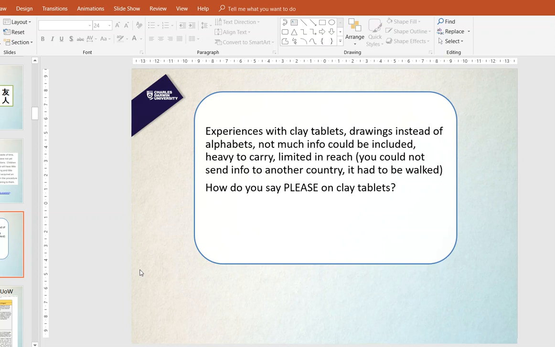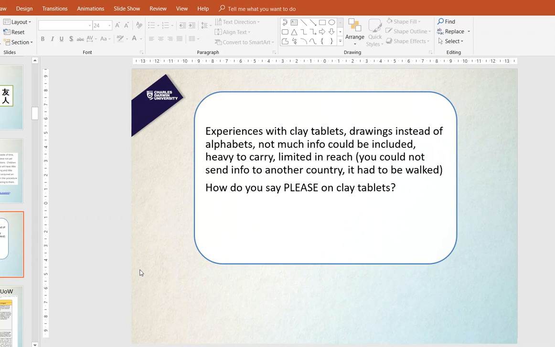And you will want to get them to the point where the activity actually breaks, in the sense that they will experience that it's fun with clay tablets, but you can't get far with it. You can do lots of things with a clay tablet, but you cannot write much on it.